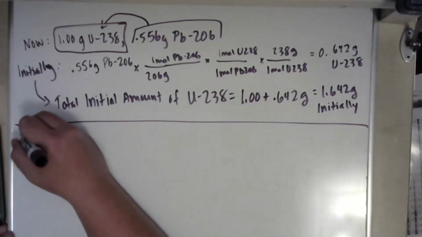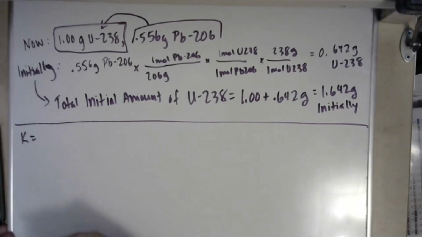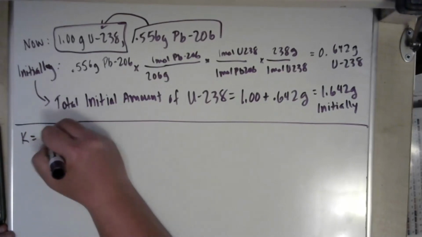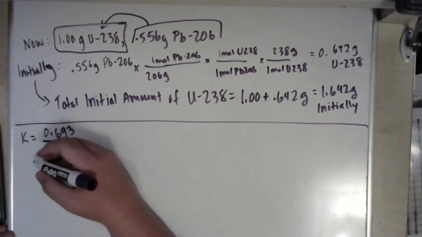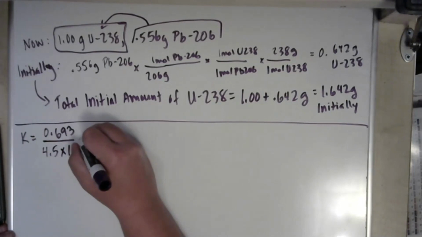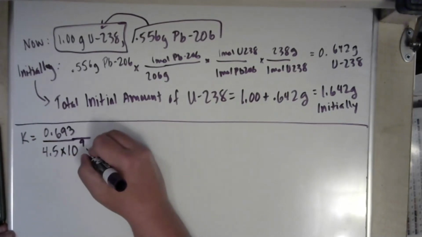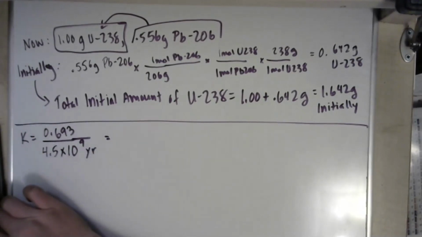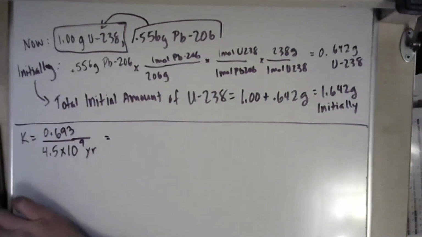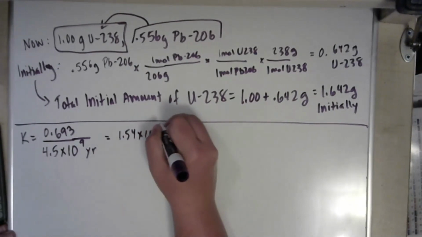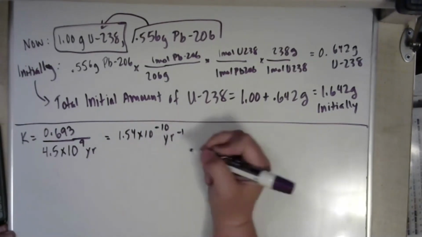To figure out our k value, we're going to use our half-life association. To find k, it's going to be 0.693 divided by the half-life, which in this case they told us is 4.5 billion years, so 4.5 times 10 to the 9 years. And we get a k value of 1.54 times 10 to the negative 10 inverse years.